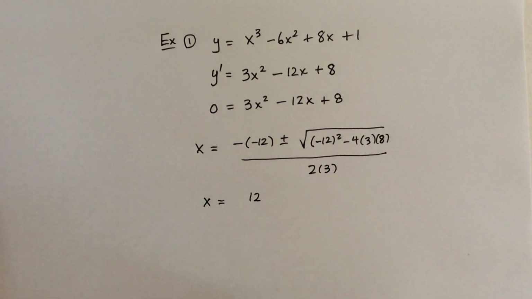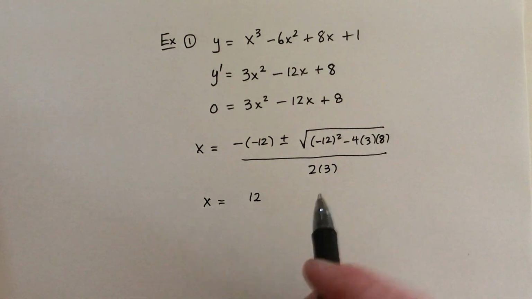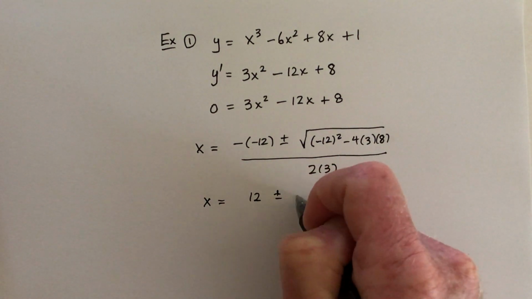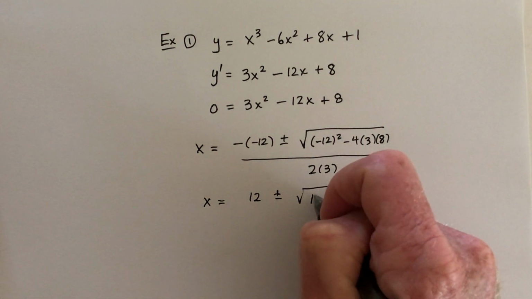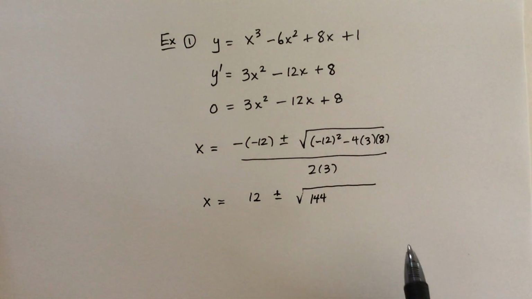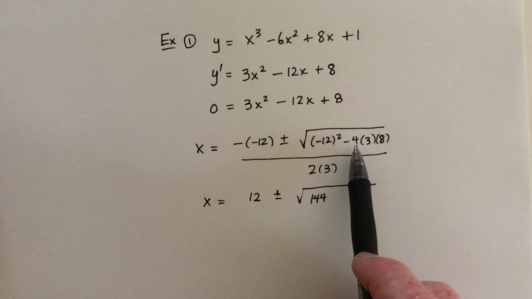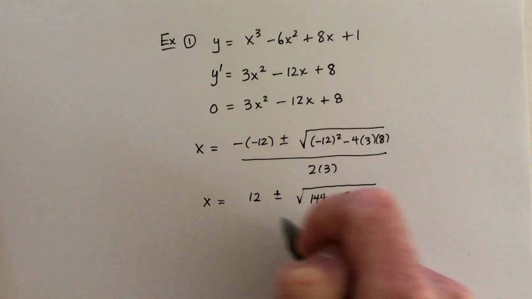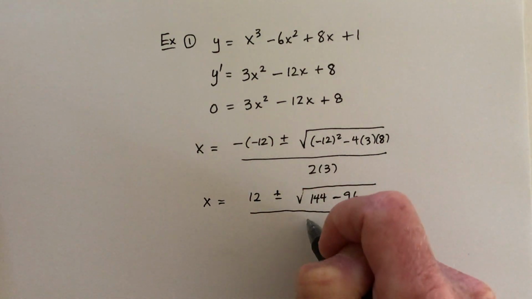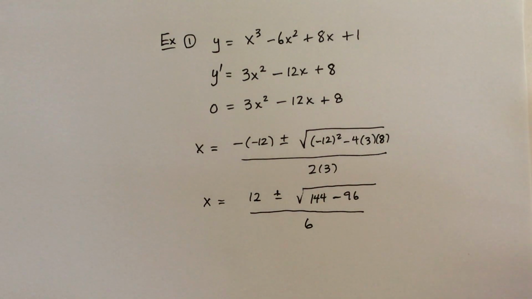So that's going to start with a positive 12, and then plus or minus the square root. So 12 squared, that's 144. And then this would be 12 times 8, which is 96, so minus 96. And then the whole thing is divided by 6.